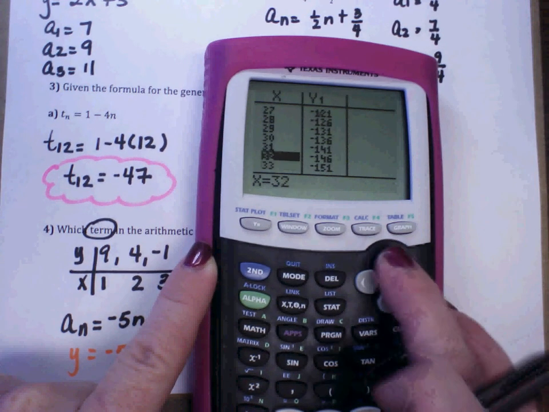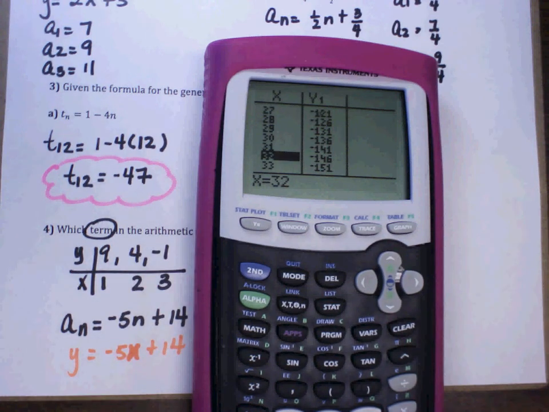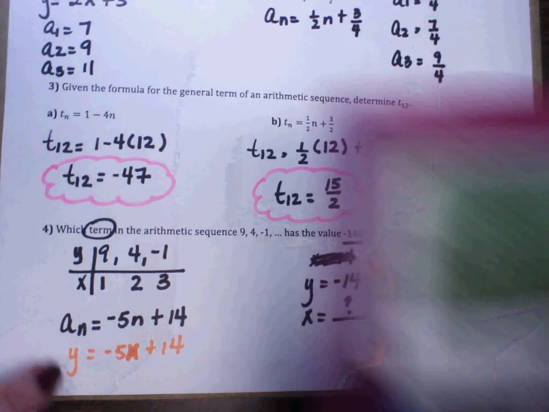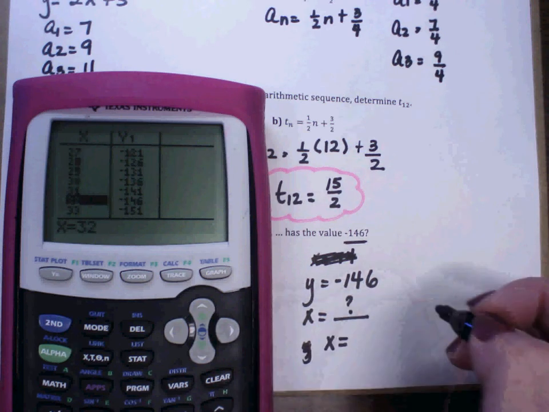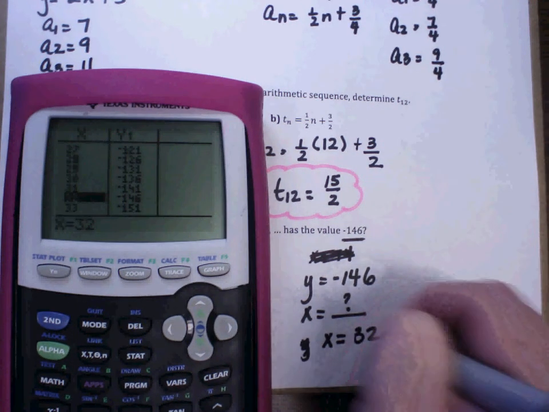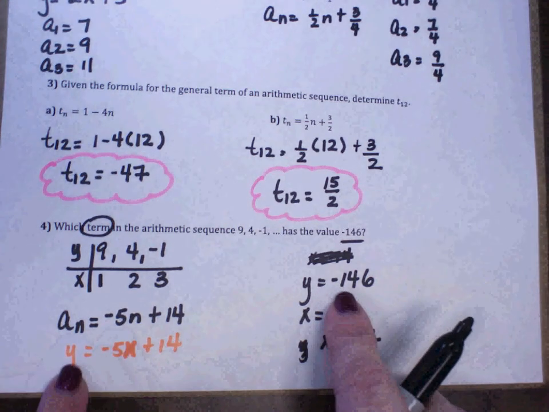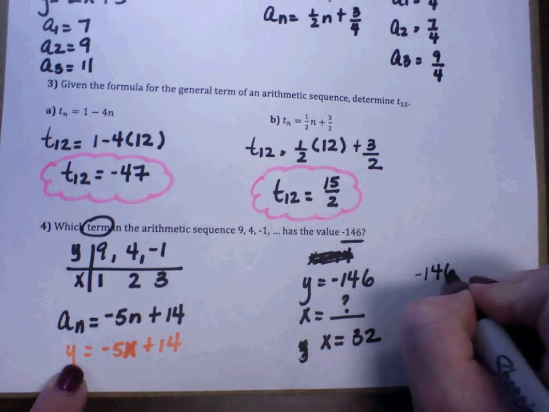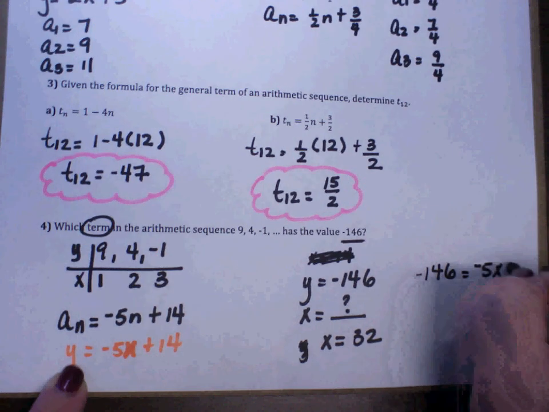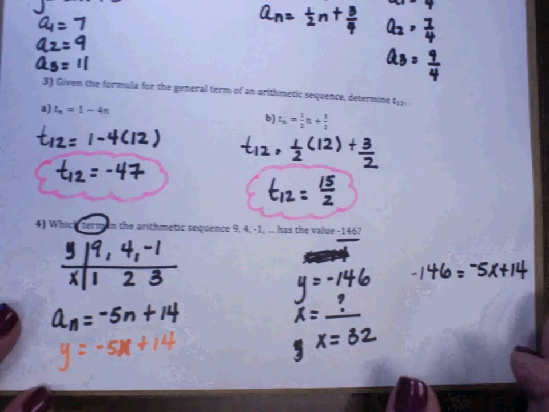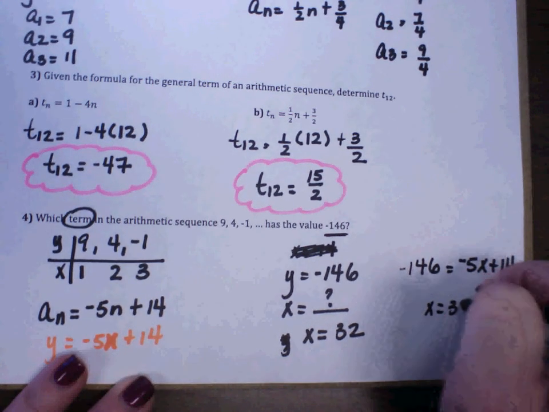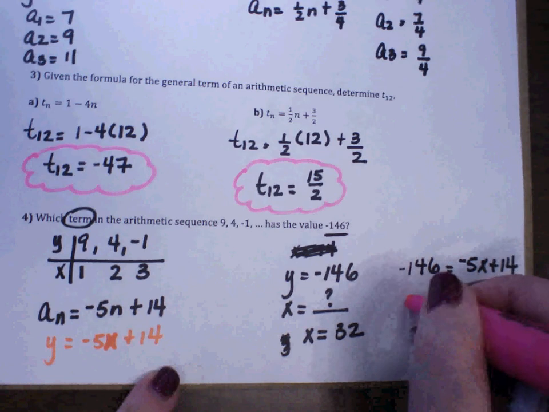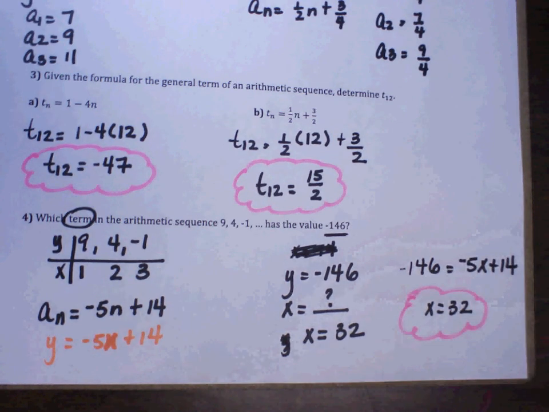Or you can go to equation solver, but then you have to plug in that negative 146. So negative 146 equals negative 5x plus 14, and you can go to equation solver like Evelyn said. Still get the same answer: x equals 32. It just depends on what you feel more comfortable doing.